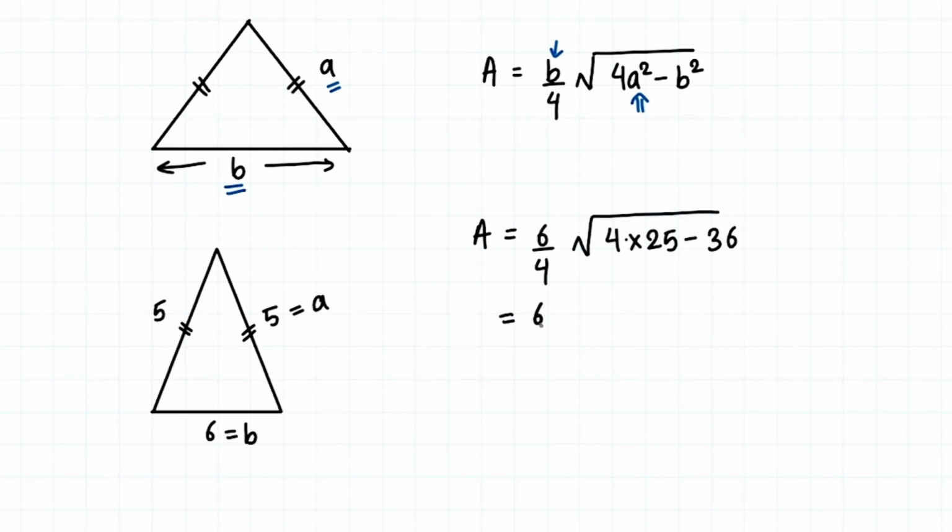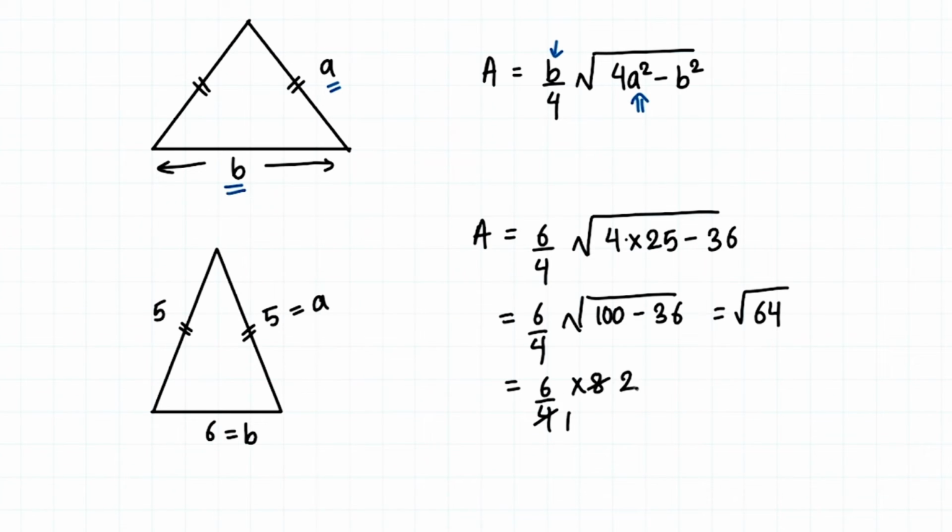That equals 6 by 4 square root of 4 times 25 is 100 minus 36, so 6 by 4 square root of 64, since 100 minus 36 is 64. Square root of 64 is 8. I'm just directly writing this. So 4 times 1 is 4, 4 times 2 is 8, and 6 times 2 is going to be 12 centimeter square.